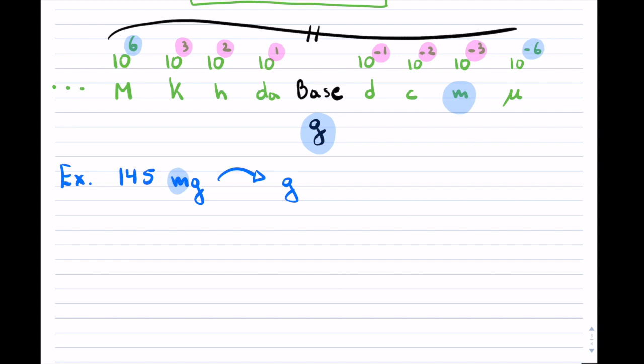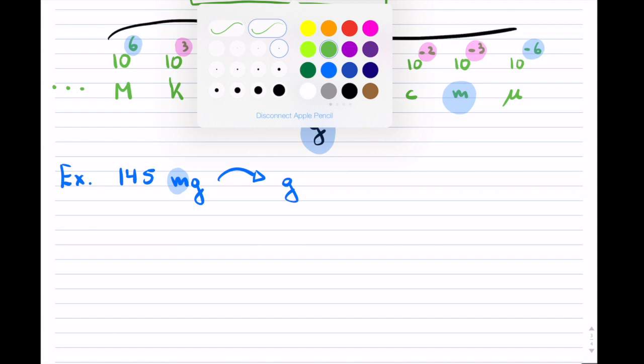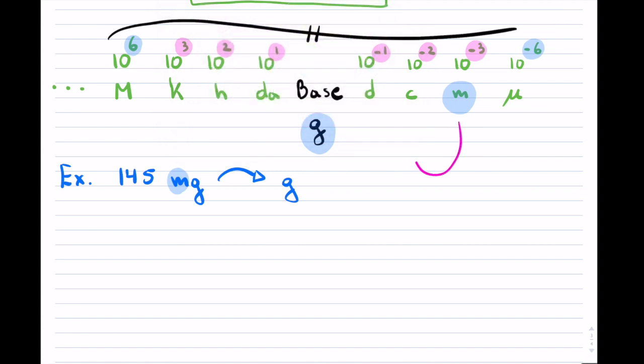In order to do that, notice that you are going to be jumping from the milli all the way back into the base. So you're going to go from right here, which is milli, you're going to jump once, you're going to jump twice, so that's 2 powers of 10, and then you're going to go back. Now the base is actually 10 to the power of 0, which actually means 1, and that's why it's the base unit. So you have jumped 3 places, and you've jumped in the direction to the left.